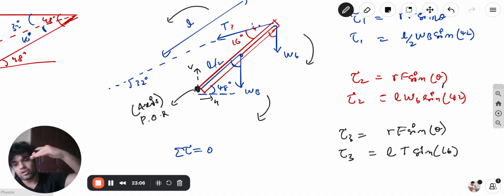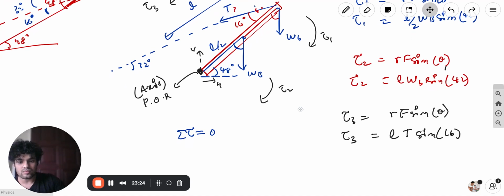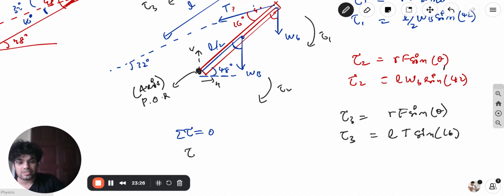So the torque caused by the tension is balancing out the torque caused by the boom and the wrecking ball. This is torque 1, this is torque 2, this is torque 3. So everything has to be balanced, which means that torque 1 plus torque 2 should be equal to torque 3.